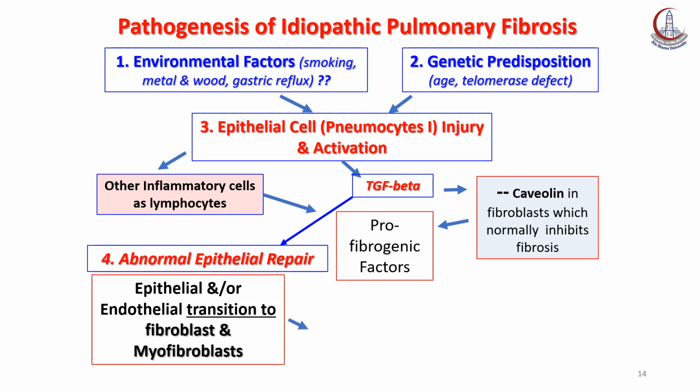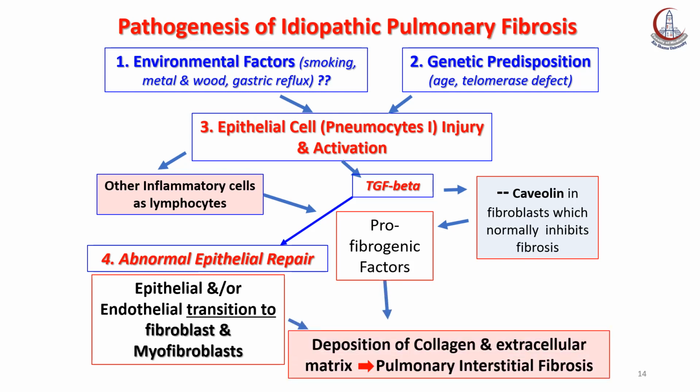So the net result is more fibrosis, more collagen deposition, more extracellular matrix formation, and pulmonary interstitial fibrosis. The patient will enter repeated cycles until it becomes a full-blown picture of idiopathic pulmonary fibrosis.